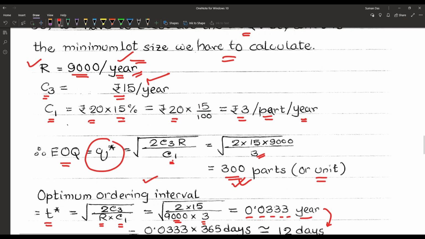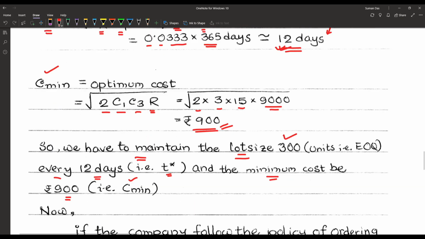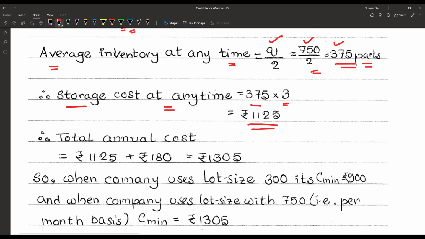According to that, we get C1 as rupees 3 per part per year. So the storage cost at any time is 375 parts into rupees 3 per part per year, that is rupees 1125.